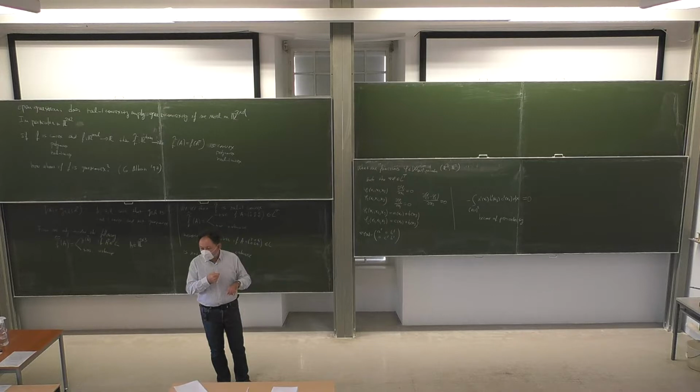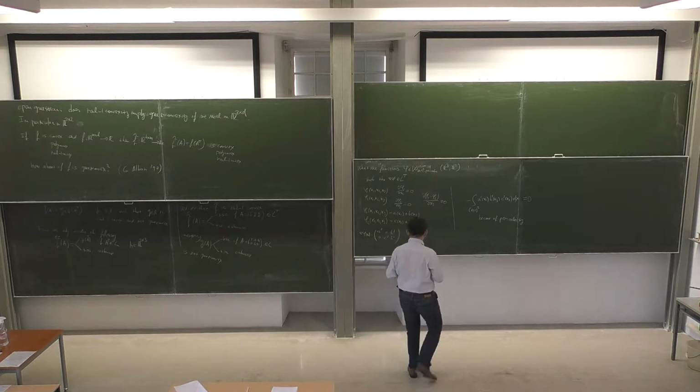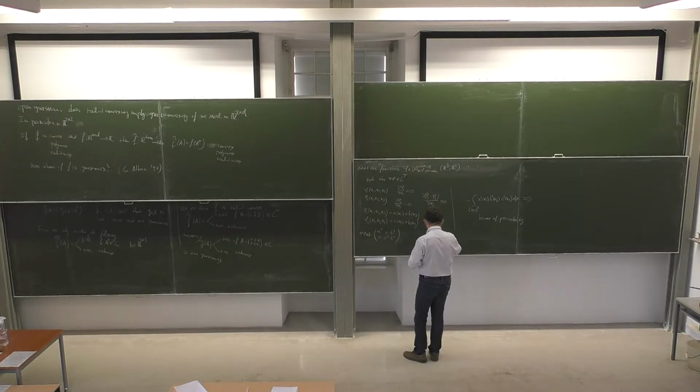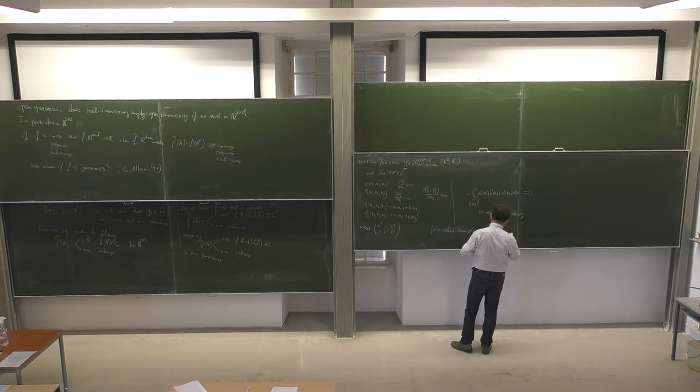Later, this example was modified to only finitely valued f by Stefan Müller around 99 or something like that, in maybe 1999.